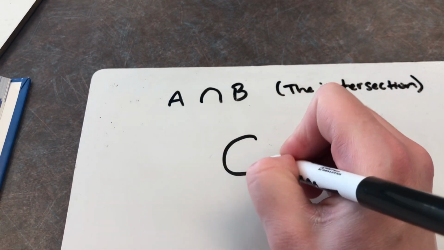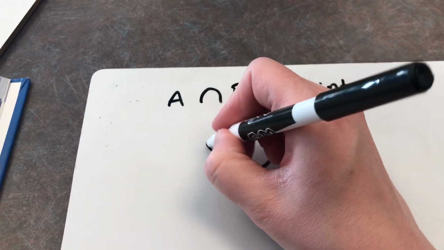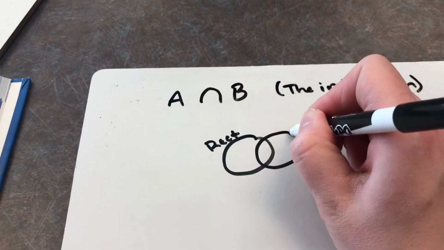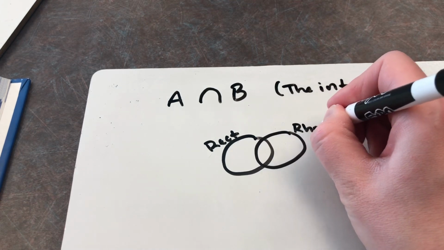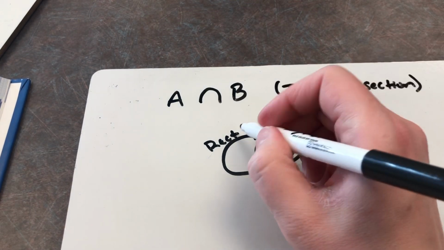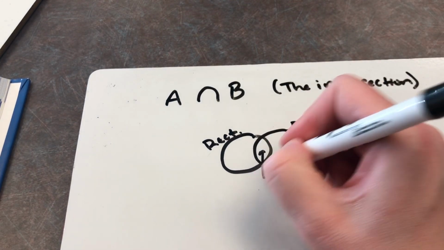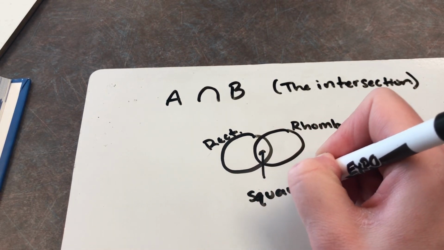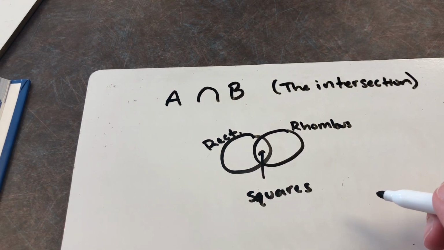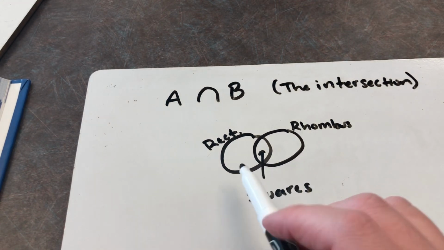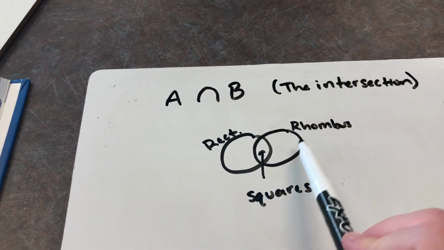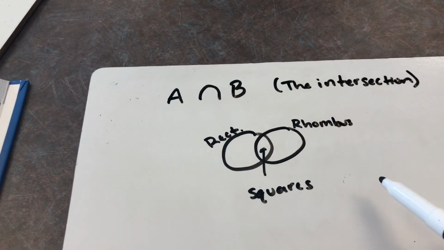So if this is our rectangle circle and this is our rhombus circle, then the intersection, or things that are rectangles and rhombuses, would be squares. So the intersection of sets A and B, in this case, if A is rectangles and B is rhombuses, the intersection would be squares.